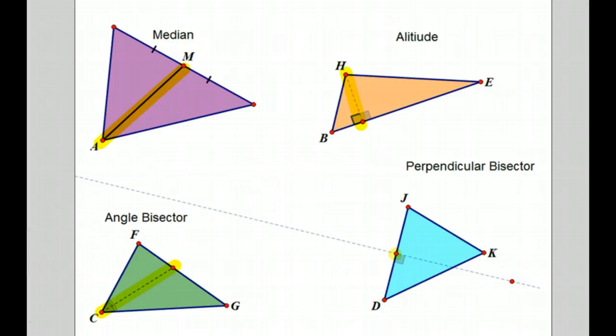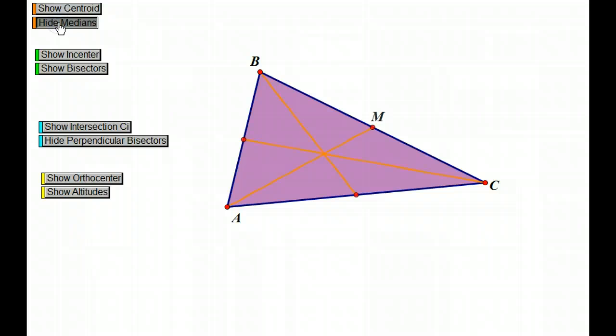has its own special name. So here we have a triangle, and here are the medians of the triangle. As you can see, they start from the vertex and go to the midpoint of the opposite side for each of these medians. But they all do seem to intersect, and the point where they intersect is called the centroid. And here's the centroid.